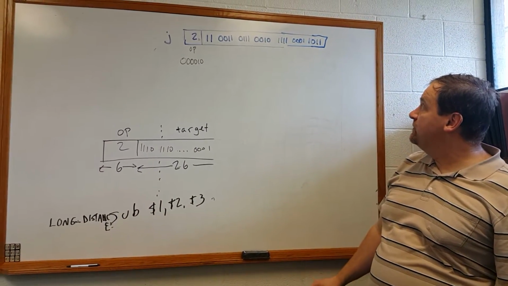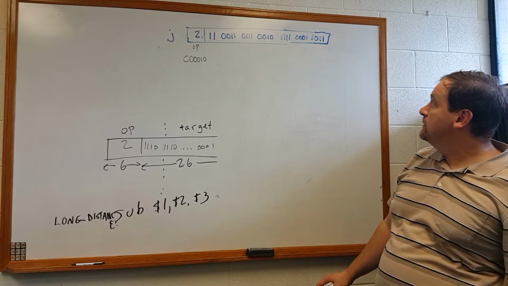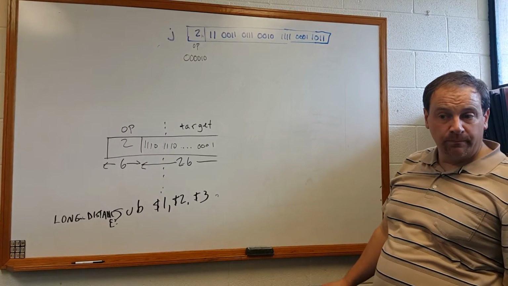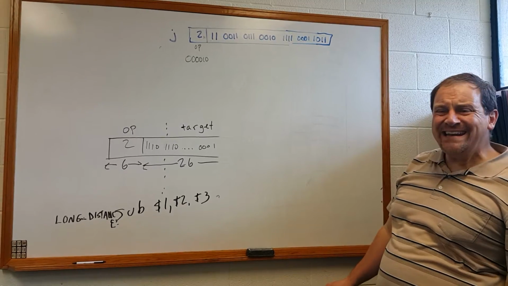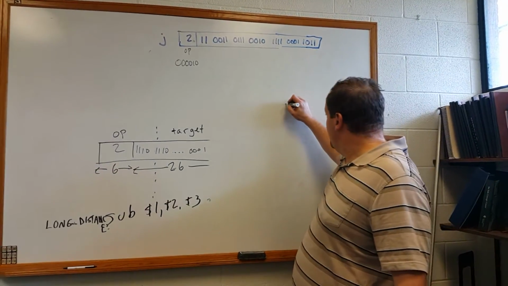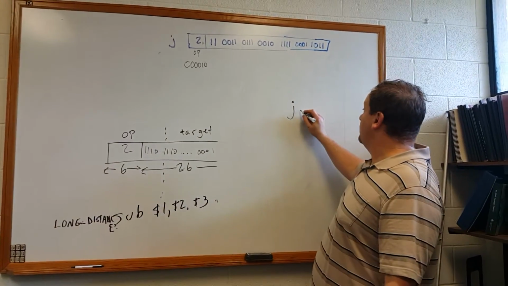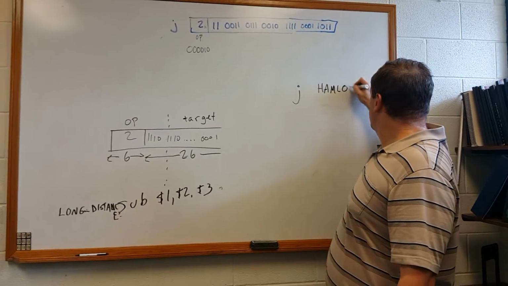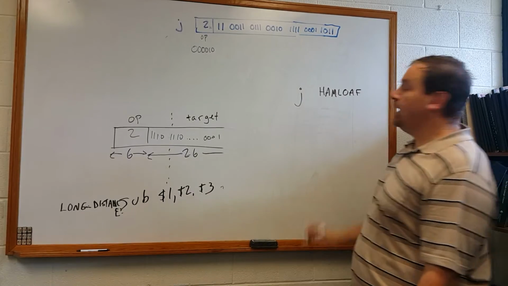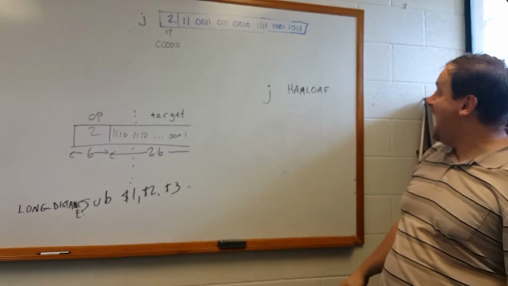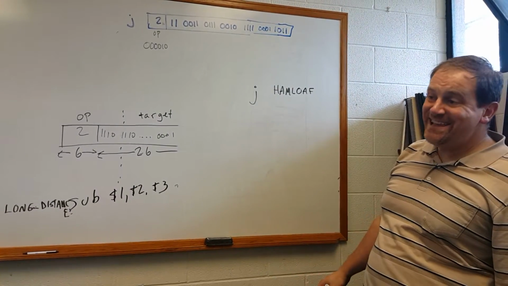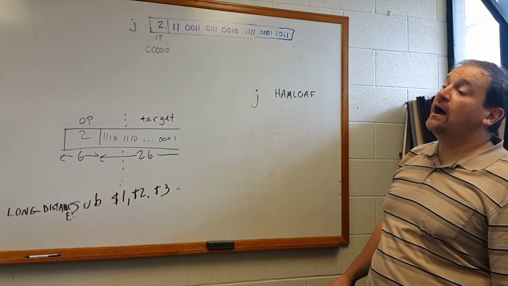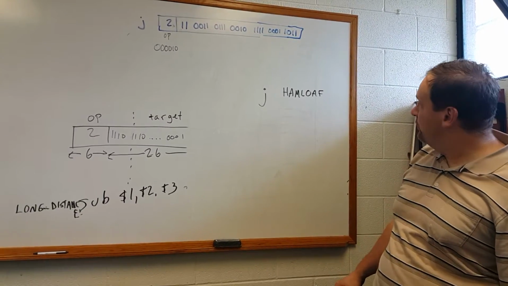But then I got all these bits. What am I going to do with them? Well, somewhere there's going to be a jump and then ham loaf. And then I ask you, what is the address of the instruction ham loaf?